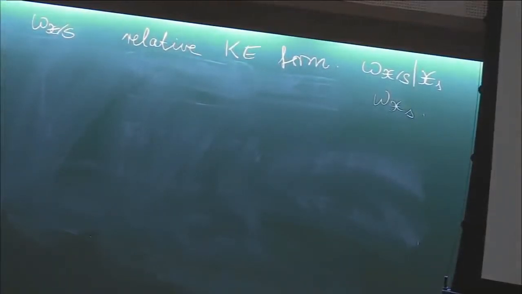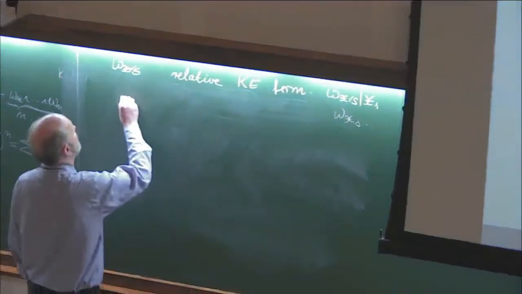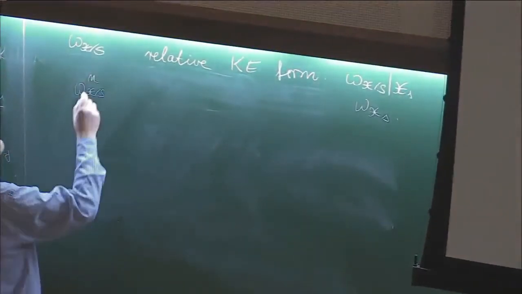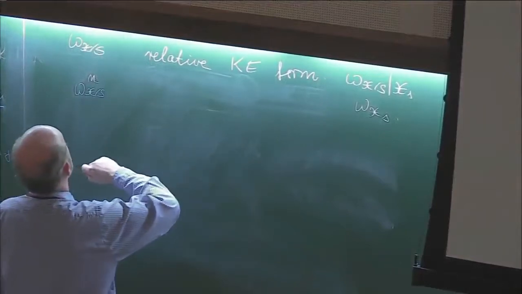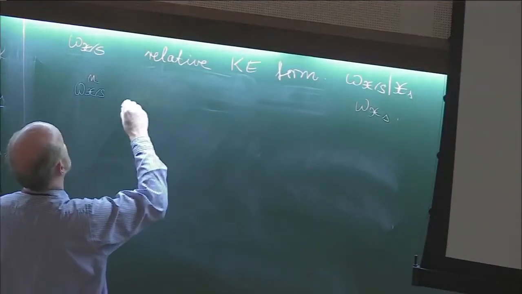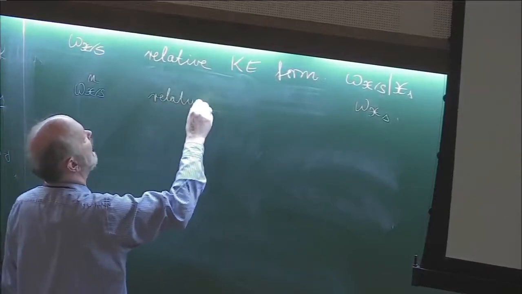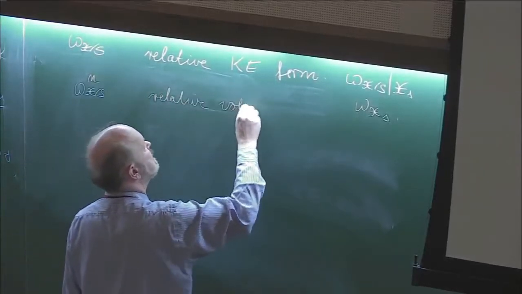And by the implicit function theorem, these depend in a C-infinity way on the parameter. So then we take omega X over S to the power n. And so then this is a relative volume form.